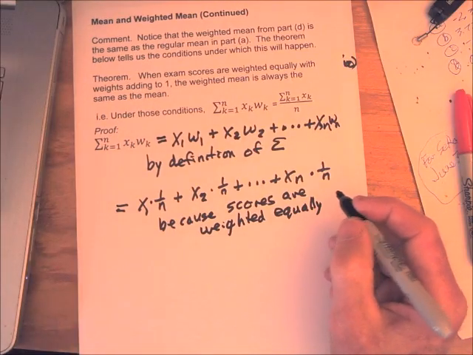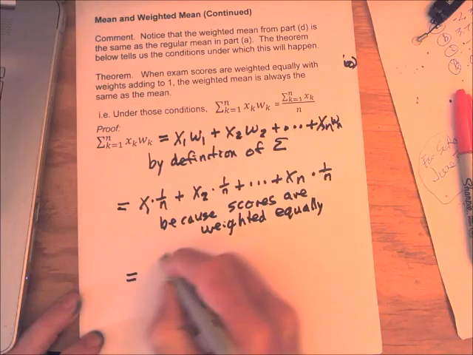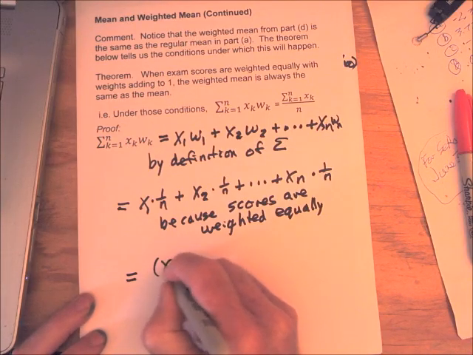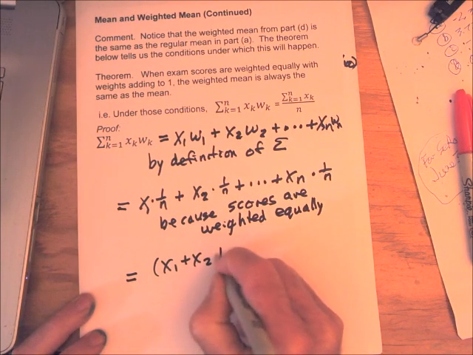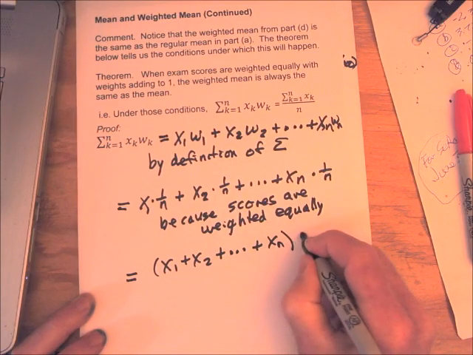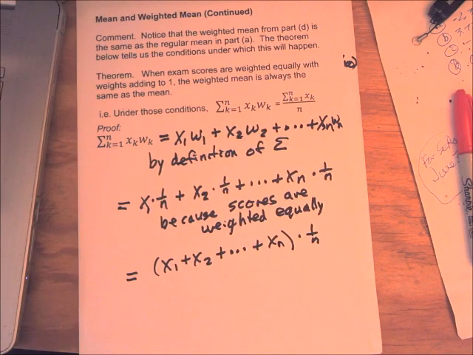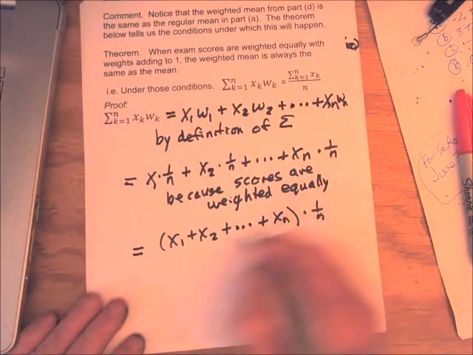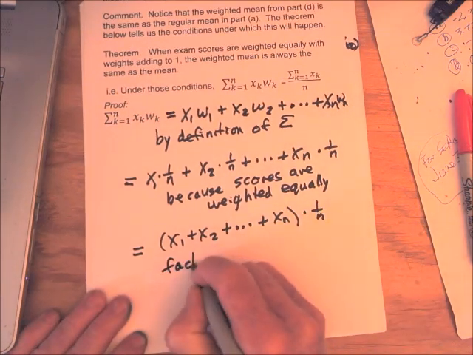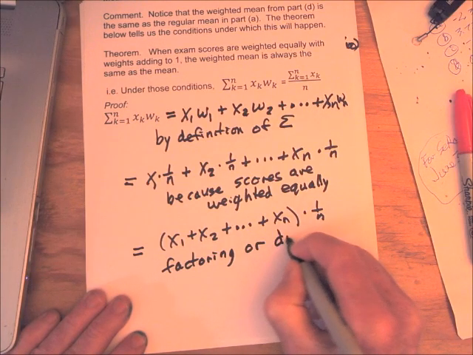Okay, so now we have a common factor of 1 over n. We can factor that out. So we can write this as x1 plus x2 plus etc., plus xn, and the whole thing is times 1 over n. This is the distributive property of multiplication over addition, or you can just say factoring, common factor of 1 over n.